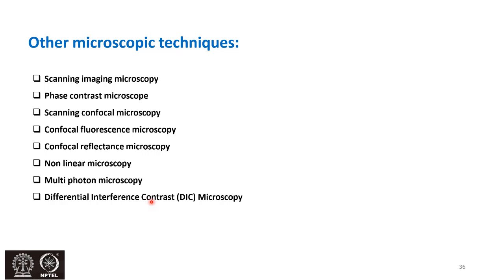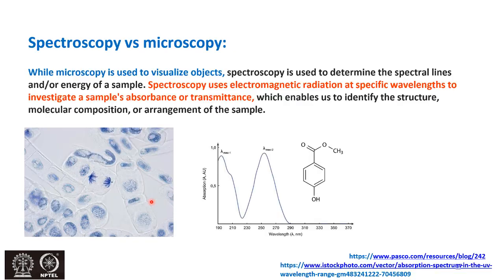Other microscopy techniques also include scanning image microscopy, phase contrast microscopy, scanning confocal microscopy, confocal fluorescence microscopy, confocal reflectance microscopy, nonlinear microscopy, multiphoton microscopy, or differential interference contrast, that is DIC microscopy. So different microscopic techniques are present.